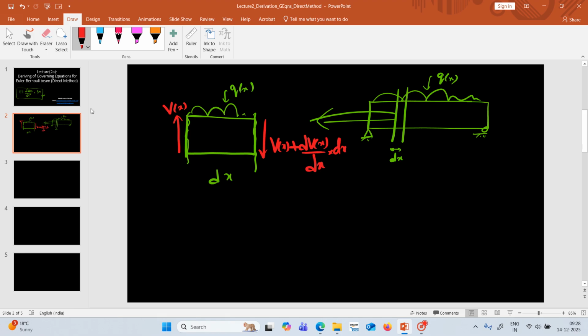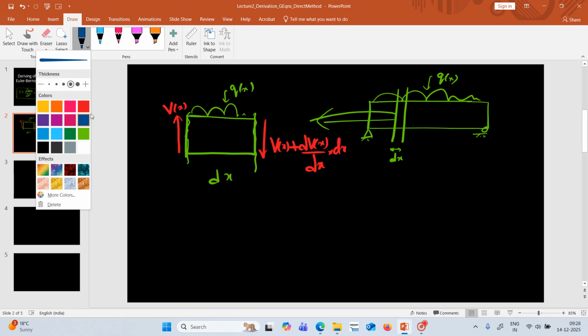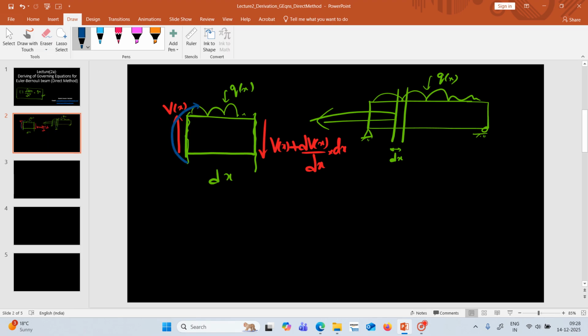And what would be the moments at both the ends? Let's say the moment at this edge is M of x, and the moment at this edge would be M(x) plus dM(x)/dx into dx, at the distance dx from this edge.